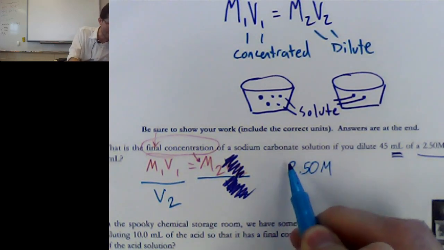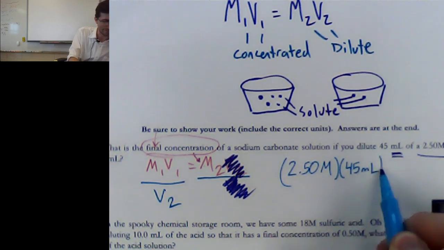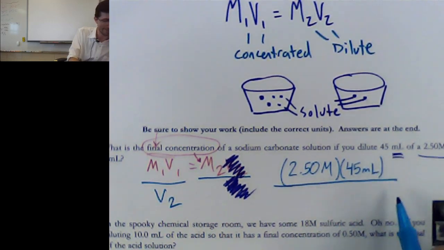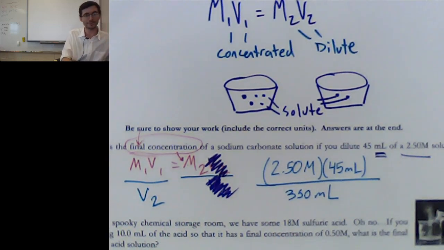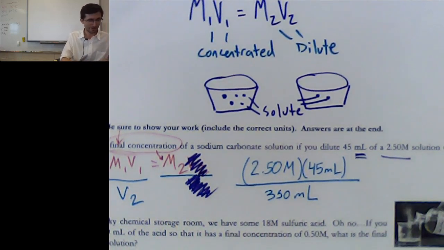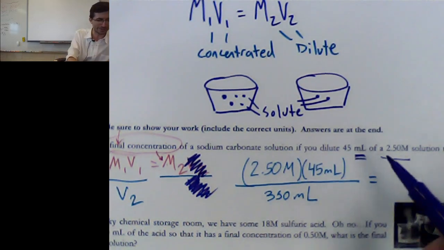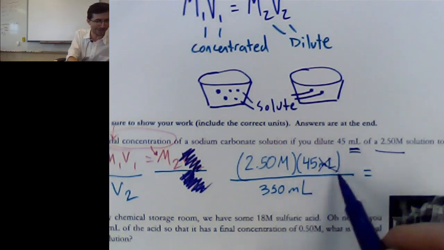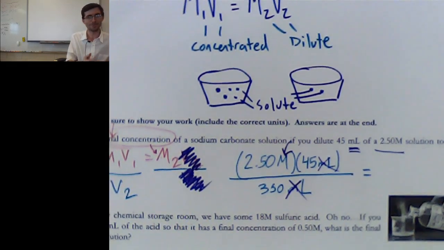Again, as I'm writing, you're writing. So 2.50 times 45 milliliters over 350 milliliters. Again, we put units so that we know what cancels out. We see here, milliliters cancel out. You're left with molar, or moles per liter.